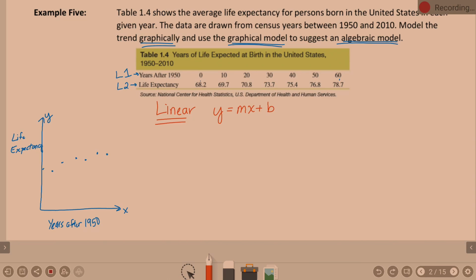If we're talking y equals mx plus b, I want to write the specific equation based on my data. What do we have to know? We have to know slope, don't we? What else do I have to know? B, which stands for y-intercept.